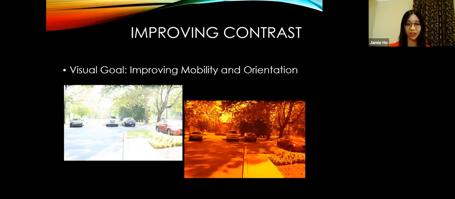Behind a filter, you can see there's much better differentiation between the sidewalk and the road. Since a lot of our patients are older, I'm very concerned about them falling if they cannot see it. They can also see the cars stick out more. So again, thicker ground is probably another way to describe this.